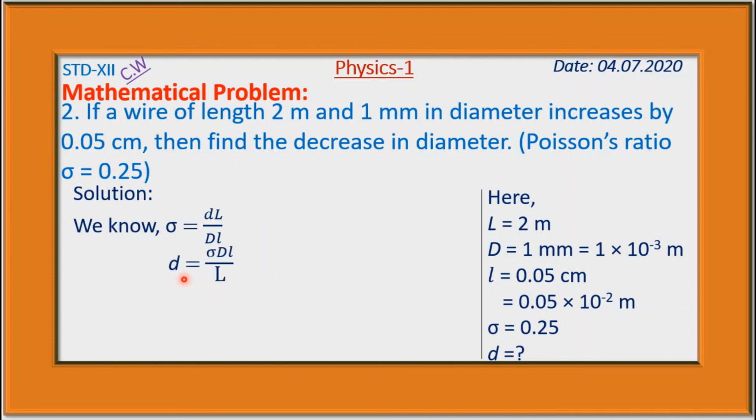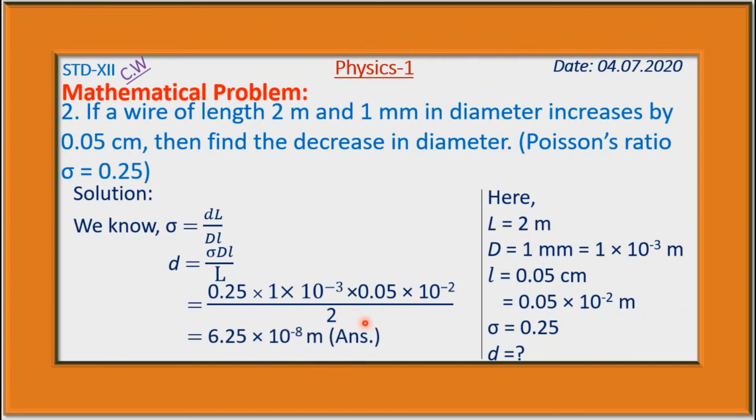So the decrease in diameter, or change in diameter del d, is equal to sigma into capital D small l divided by capital L. Now sigma is equal to 0.25, D is equal to 1 into 10 to the minus 3 meter, small l is equal to 0.05 into 10 to the minus 2 meter, and the value of capital L is 2 meter. After calculating, we get 6.25 into 10 to the minus 8 meter, and this is the decrease in diameter.